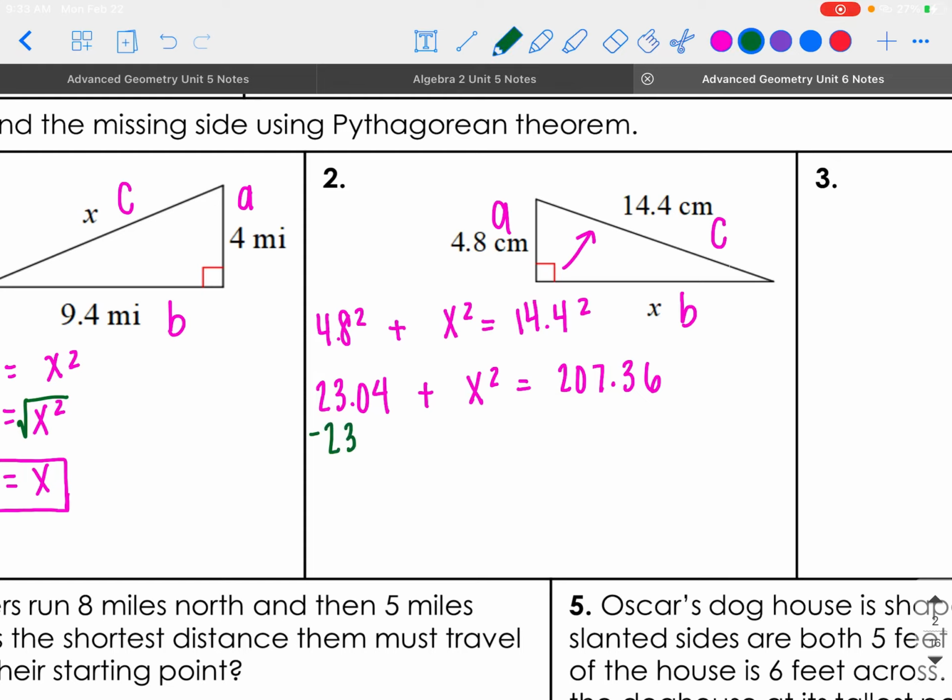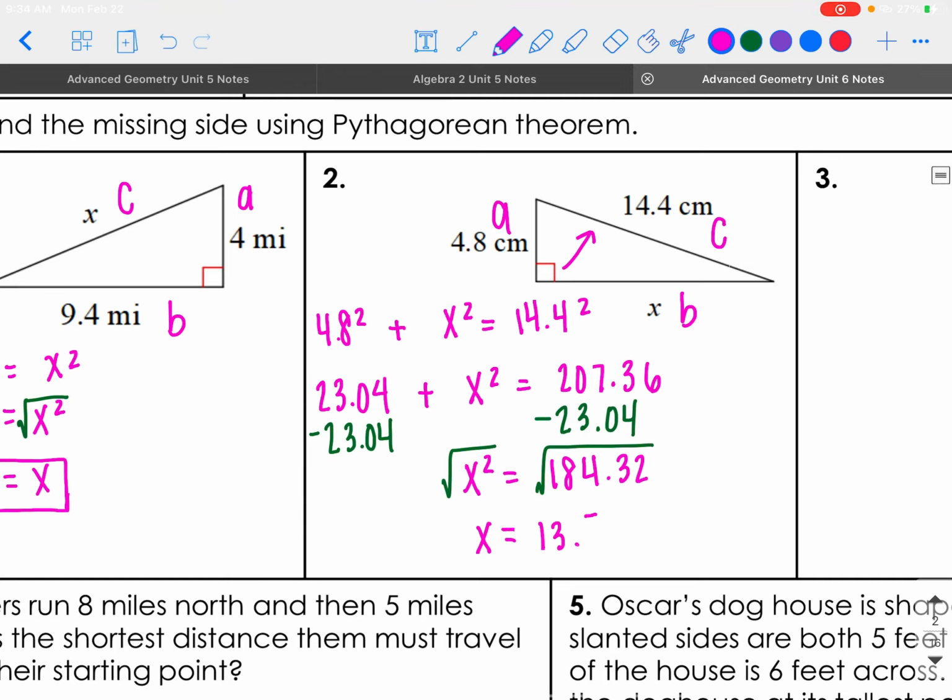Then I subtract, and we get x squared equals 184.32. And then I take the square root to get x equals 13.577.